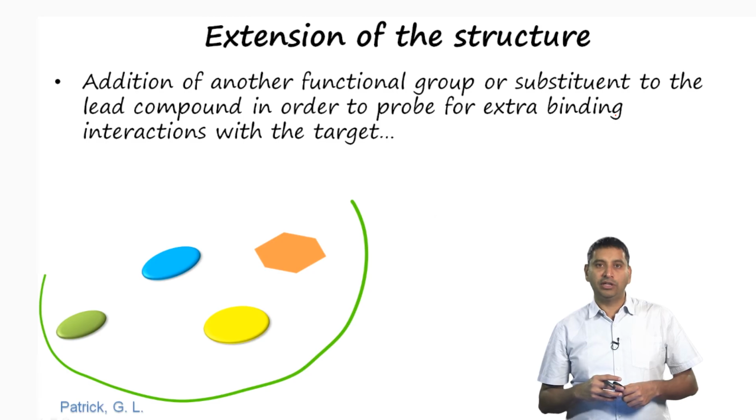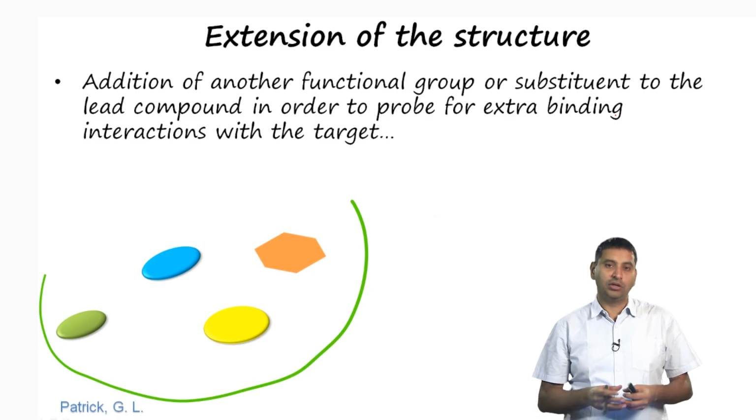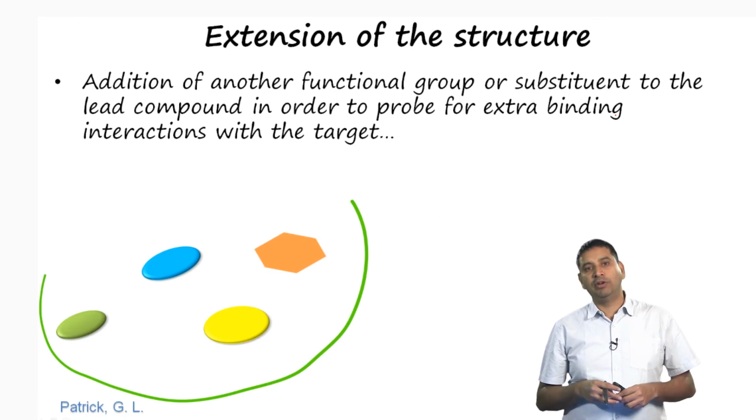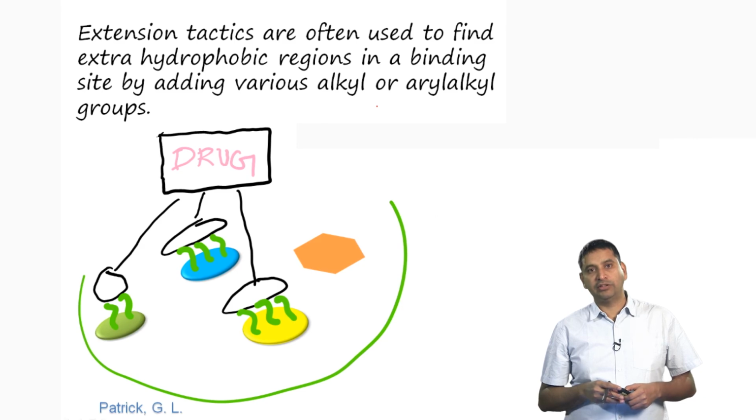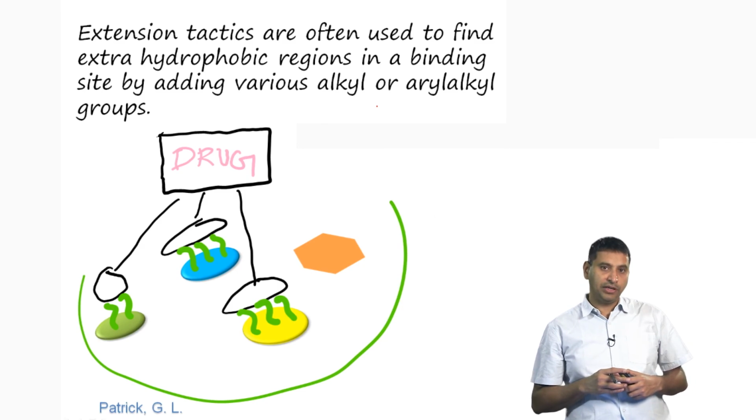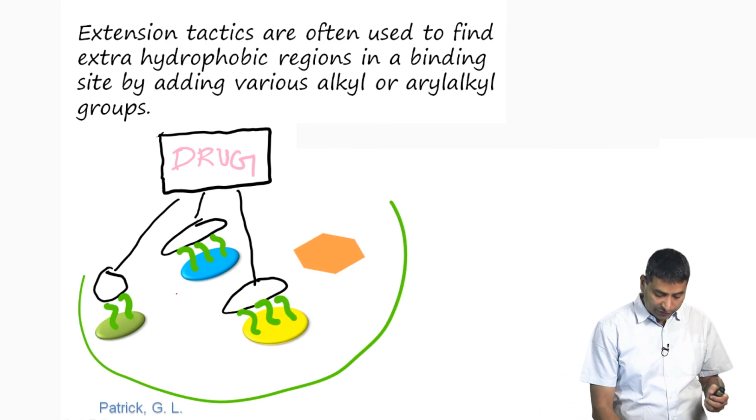So, let us imagine that there is a target which has these four major binding areas that we have identified. When we have a lead compound, what we perhaps may identify is there can be three of these interactions that are in play. So, one can imagine that this is, let us say, van der Waals interaction, and this could be a hydrogen bonding, and this could be an ionic.